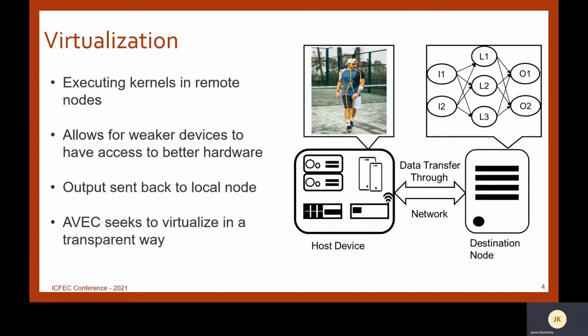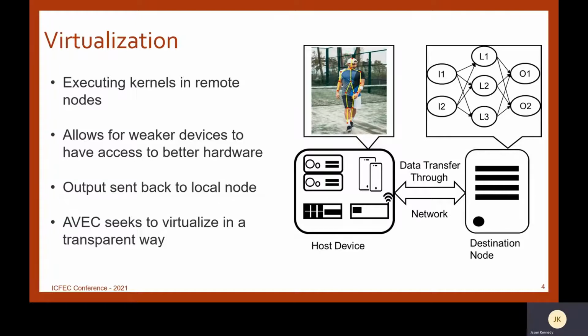And then finally, some virtualization background. Virtualization of accelerators is the process of executing the kernel in a remote accelerator using the input that is taken from a local node's CPU. Virtualization allows for computationally weaker nodes to have access to more powerful resources, which allows these nodes to achieve a higher throughput.